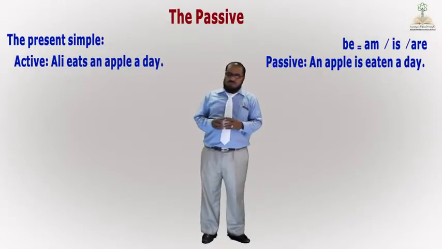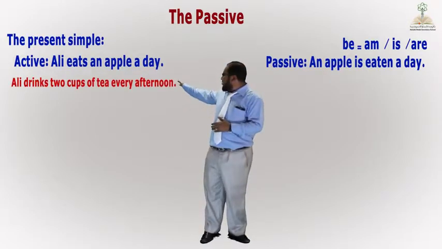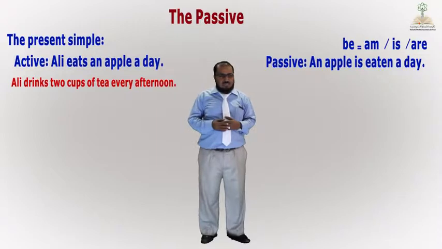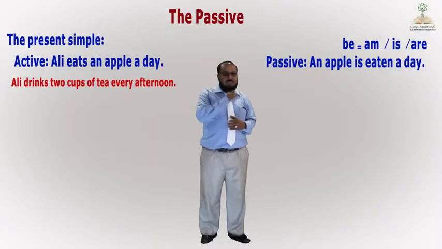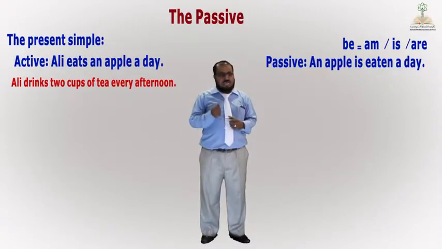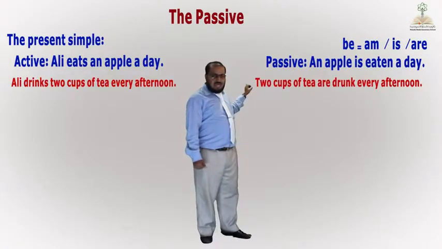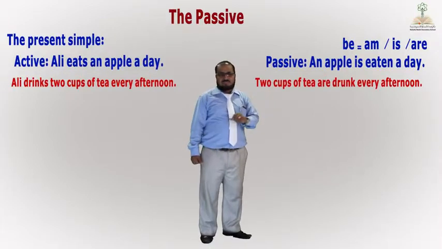Again, plural. Ali drinks 2 cups of tea every afternoon. Where is the object here? After the main verb. 2 cups of tea. Great. 2 cups of tea are drunk every afternoon.